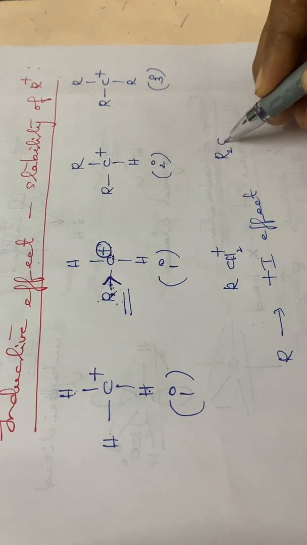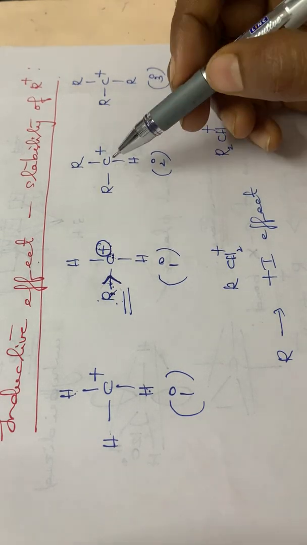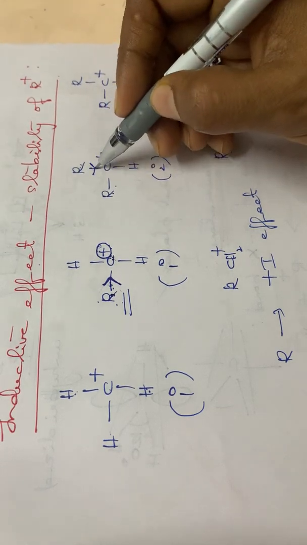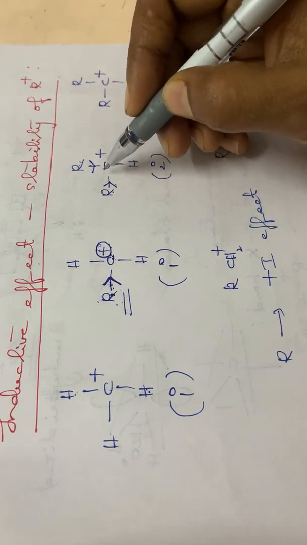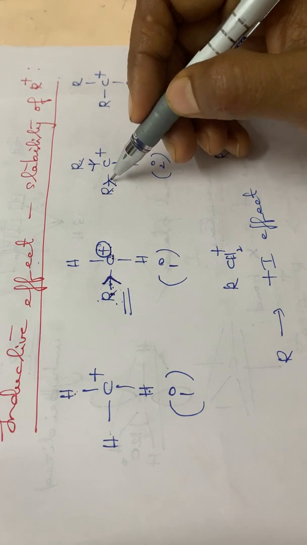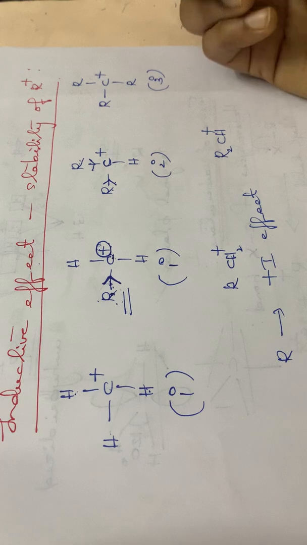Then coming to the next case, R2CH+. How many alkyl groups are here? Two alkyl groups are here. So the electron shift will be further increased. That means two electron releasing groups are attached to this carbon atom.